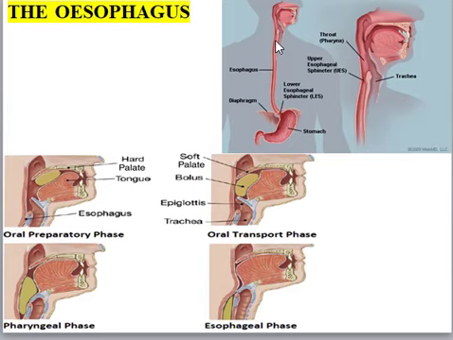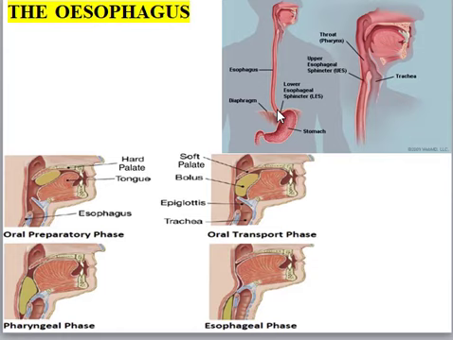Actually, the upper two thirds contain stratified squamous mucosa lining the esophagus, while the lower third, which is near the lower esophageal sphincter near the stomach, slightly changes to a columnar epithelium like in the stomach.